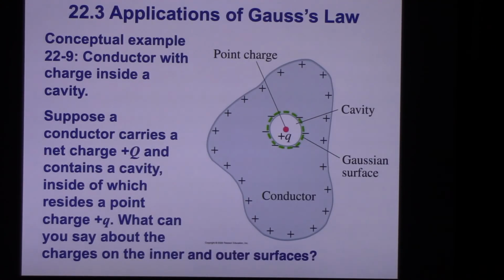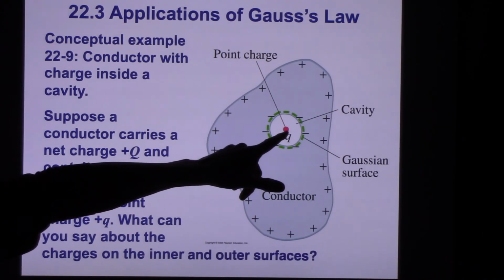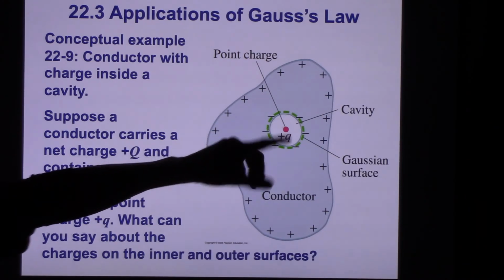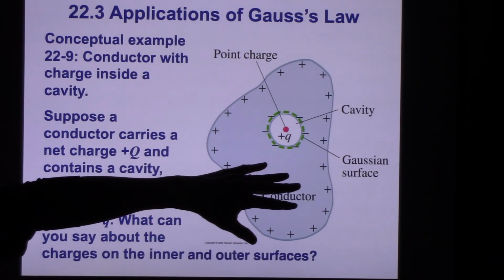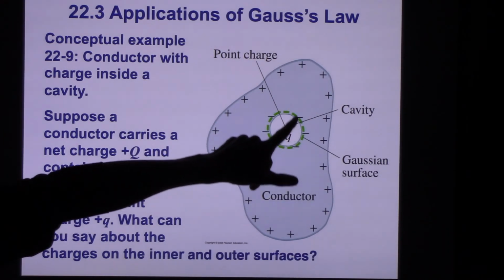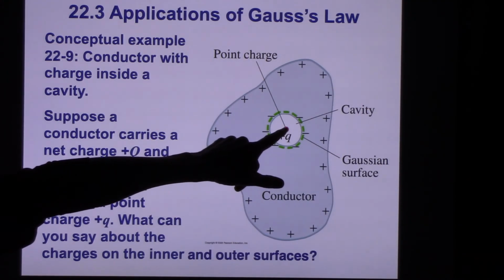All right, let's try another example with this. Here is a conceptual example. What we've got is a point charge at the center of this Gaussian surface. Now there's a conductor material here, and there's an opening or a cavity within the conducting material, and we've placed a charge inside.